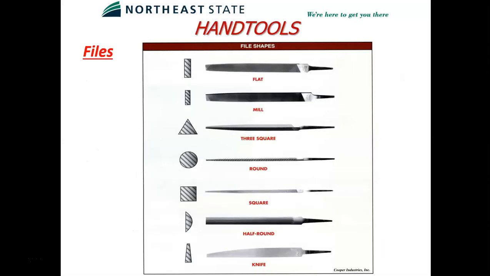So notice the word files is red. You need to know the different types of files, and you've got the front view and then a cross-section view of what the files look like. So the flat, mill, three square, round, square, half round, and knife edge files. These have serrated edges on them, and the ones shown here you can use on metal and wood.